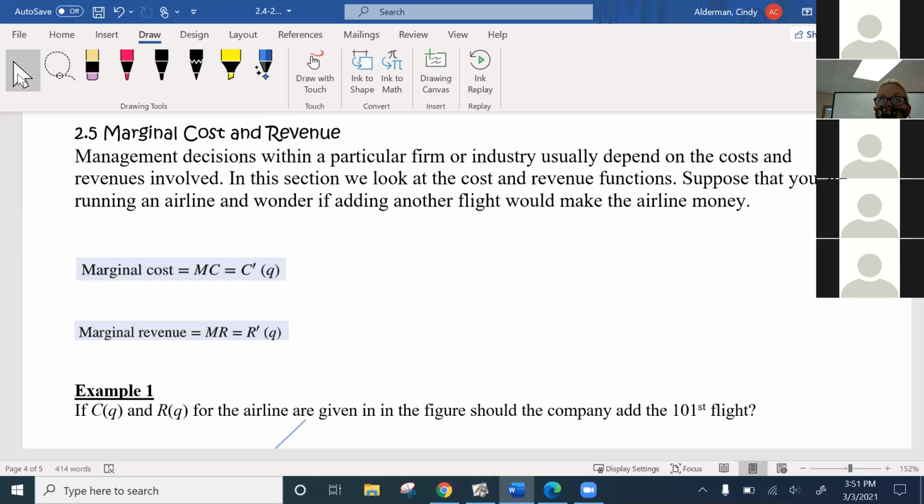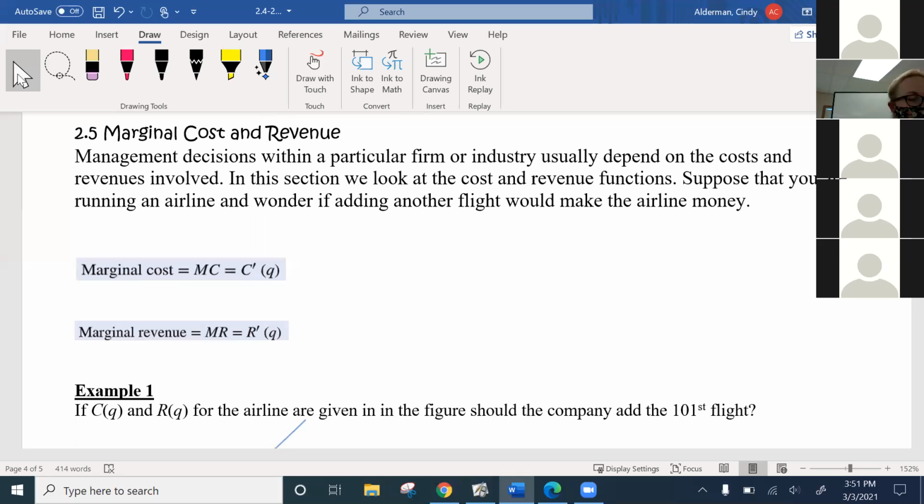So you would want to look at things like marginal cost and marginal revenue, right? How much money do I make for each new flight, right? And how much does it cost me for each new flight, right? You've got people to pay, right? You've got the flight attendants, you've got the pilots, you've got the co-pilots, right? There's cost involved with adding a new flight.